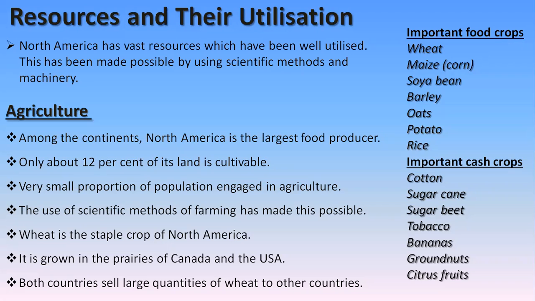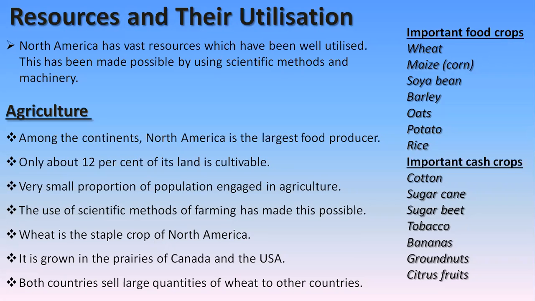First of all, we are going to look at the main topic, that is agriculture. Under agriculture, how are they using the resources, the agriculture resources? Among the continents, we have seven continents. Among the continents, North America is the largest food producer.